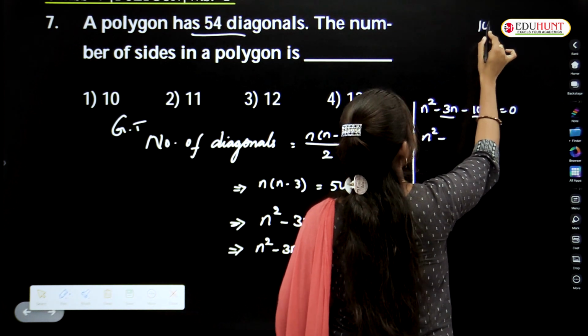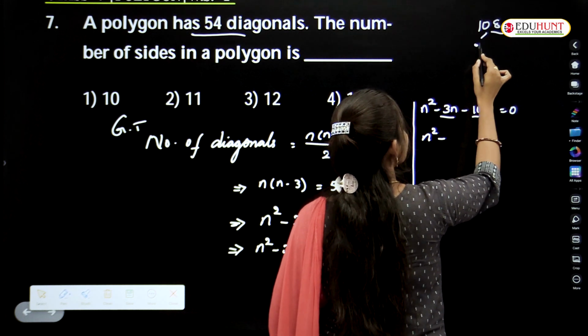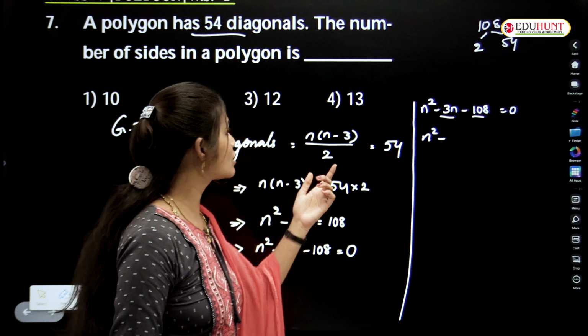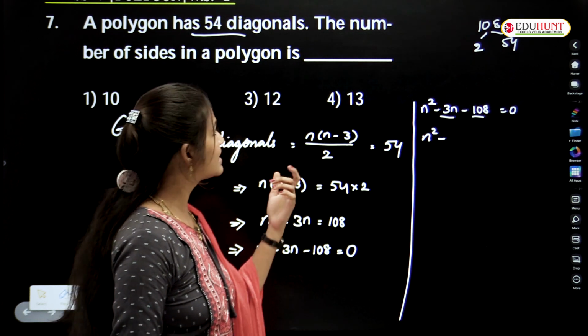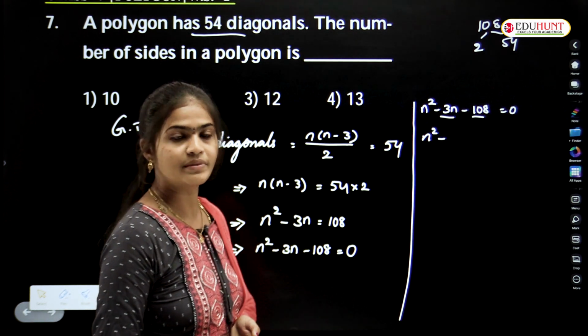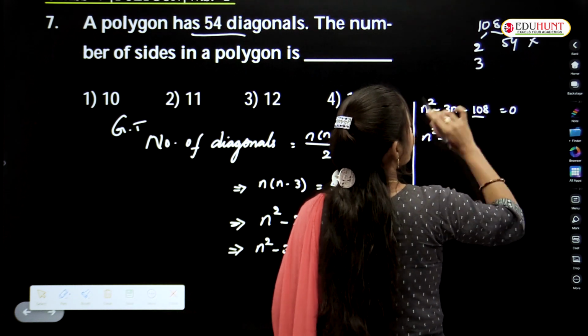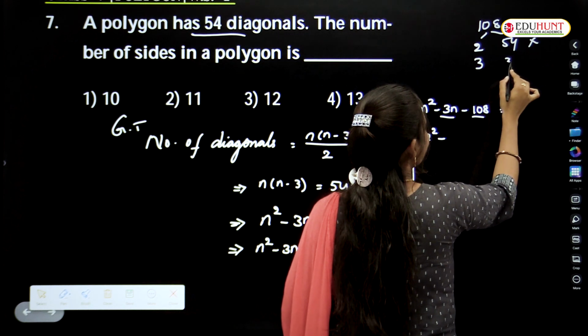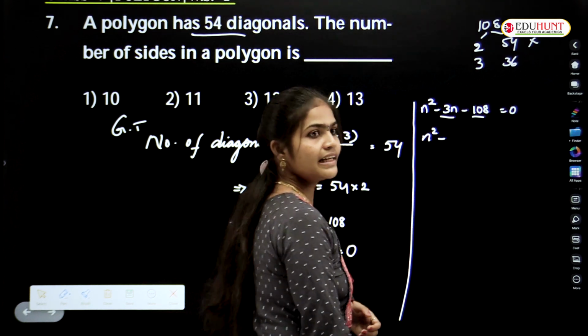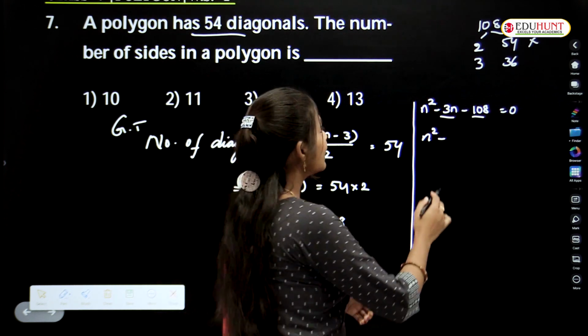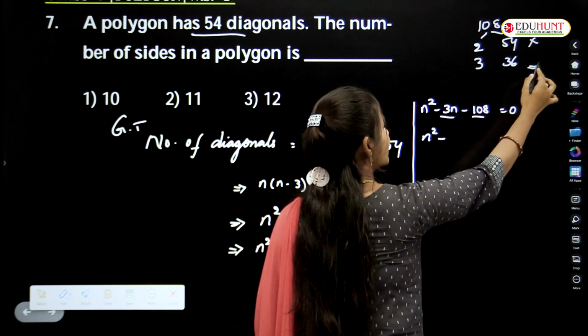So first take the factors of 108. 2 into 54, but its difference is not equal to 3, or its addition is also not equal to 3. That's why this is not possible. Next take 3. 3 nines are 27 and 3 sixes are 18, so 3 into 36. That is also possible, but its difference is not equal to 3.